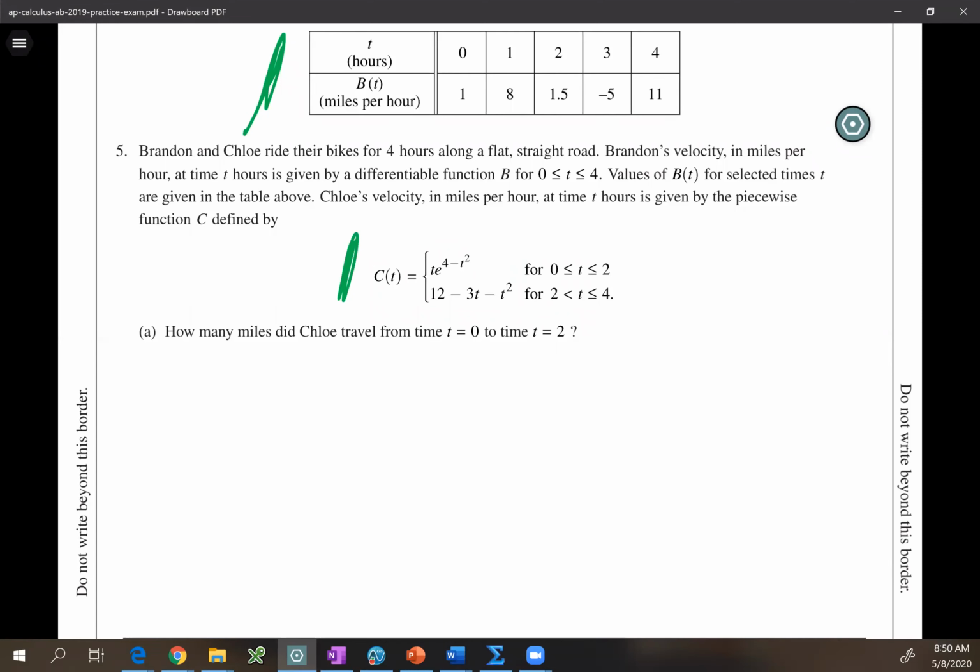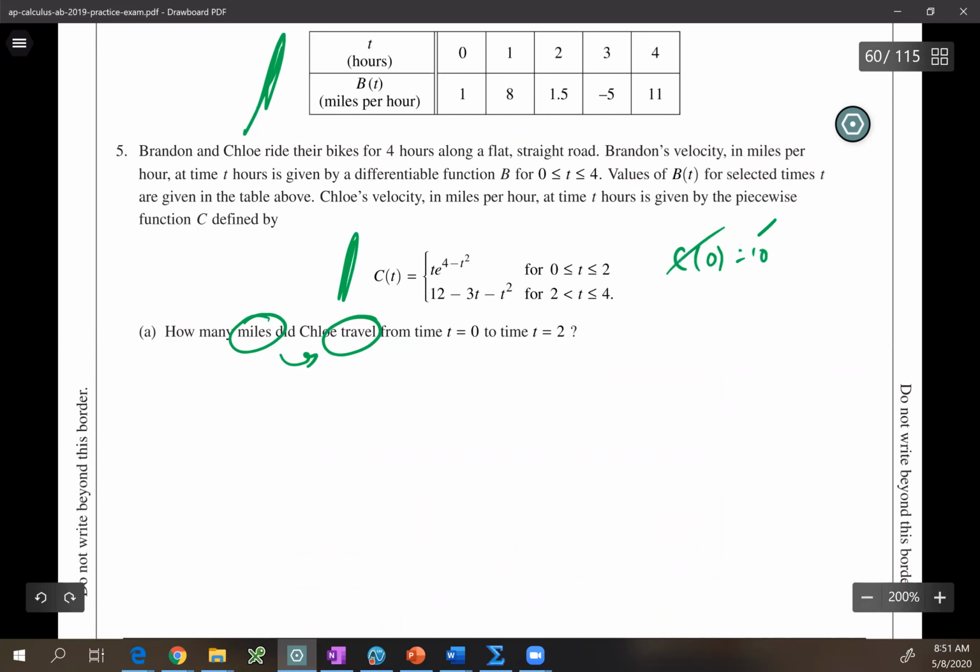When it says how many miles did she travel, that's not quite displacement, but that's change in displacement. So we don't need to worry about any sort of initial. In this case, it doesn't actually give us an initial, but had it said Chloe's position at 0 was actually 10, that wouldn't have mattered because it just wants the change.